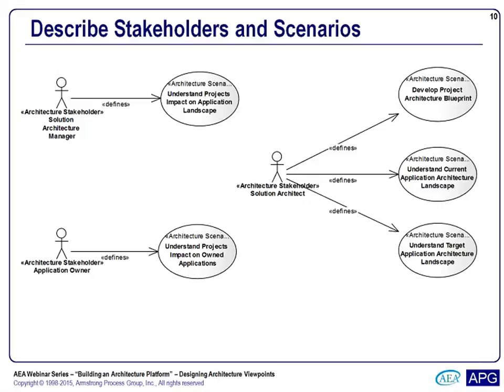A solution architect might have a different scenario: I'm charged with developing a blueprint for a project, so to do that effectively I'm going to have to know some things about the enterprise architecture landscape. Part of that is understanding the current application architecture landscape and the target application landscape, because this is the solution architect at the project level who is, hopefully, an effective liaison to the solution delivery community on the intent of the target architecture from the enterprise architecture community.